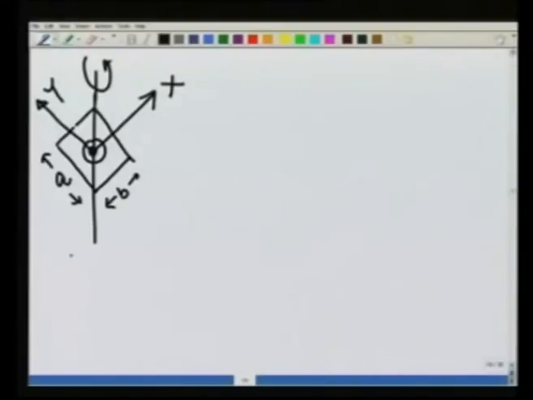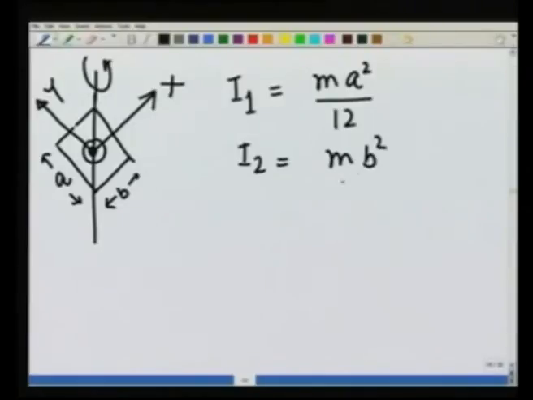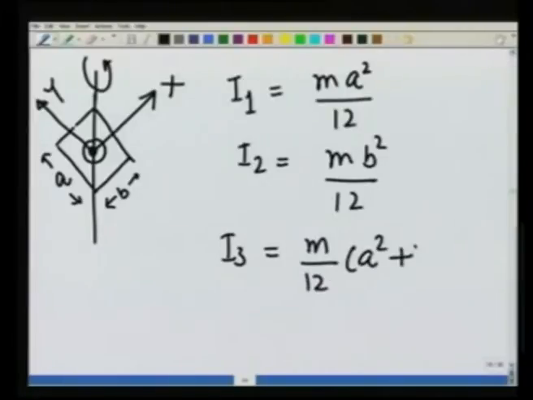If the mass of the rectangle is m, then I1, that is Ixx, is going to be ma²/12. I2 is going to be mb²/12, and I3 is going to be m/12 (a² plus b²).